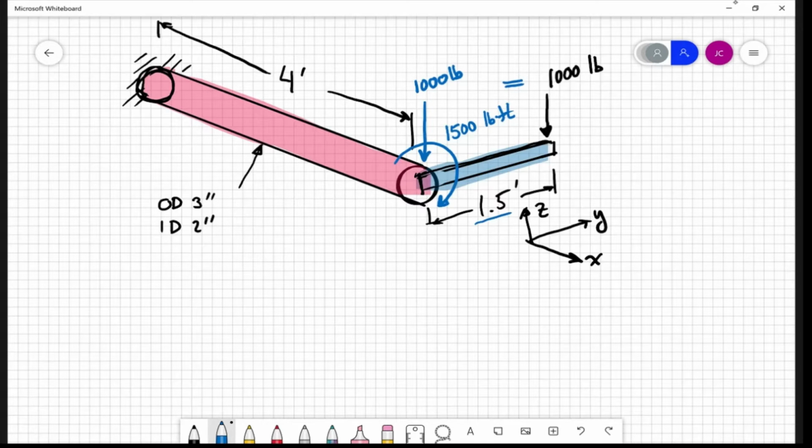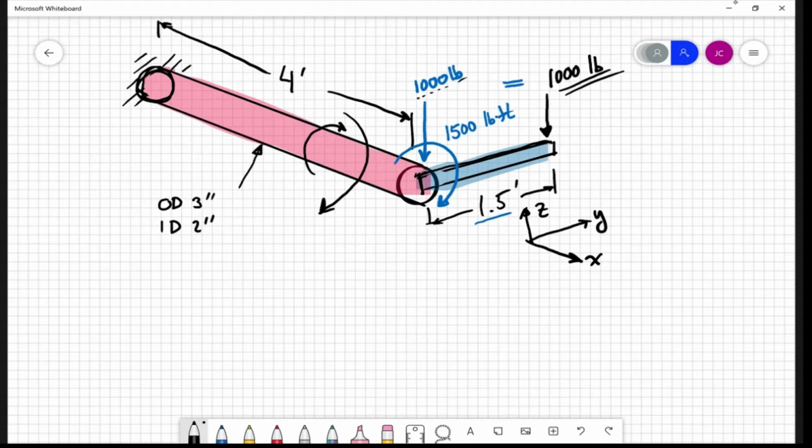So what I'm trying to illustrate here is that this offset 1,000 pound force produces a down force, this 1,000 pounds, that will give me bending. It's going to want to bend this hollow shaft down, but it also produces a torque and wants to put torsional stresses on here.